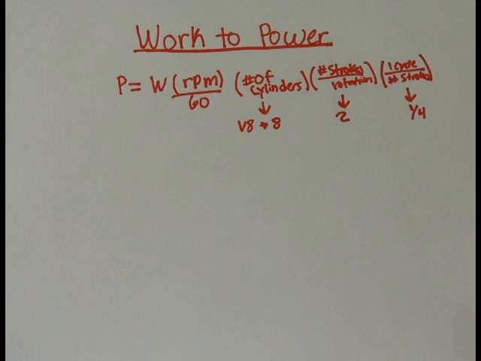RPM is how many times the crankshaft rotates in a minute. Since we want our time in seconds, we divide our RPM by 60 to get RPS. Since there are 2 strokes per rotation, we multiply the RPS by 2 to get the number of strokes per second. We then divide this number by 4, since there are 4 strokes in a cycle, and the work value we have is the work produced by one cycle.